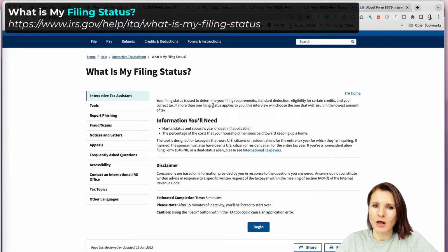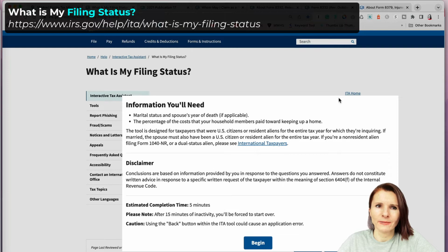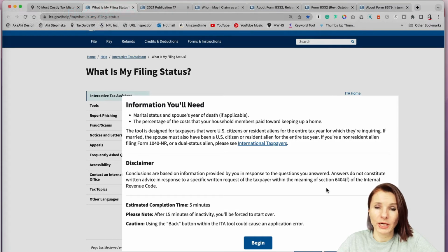If you're doing it yourself, make sure you provide all the information being asked in the tax software. You can also use the "What is my filing status" interactive assistant on the IRS website, and it will ask you specific questions, and based on that, it will tell you what filing status you should be claiming.